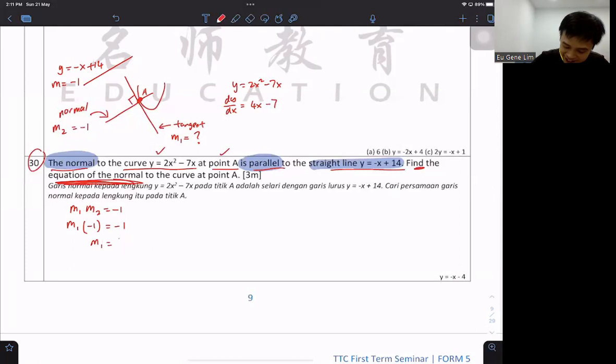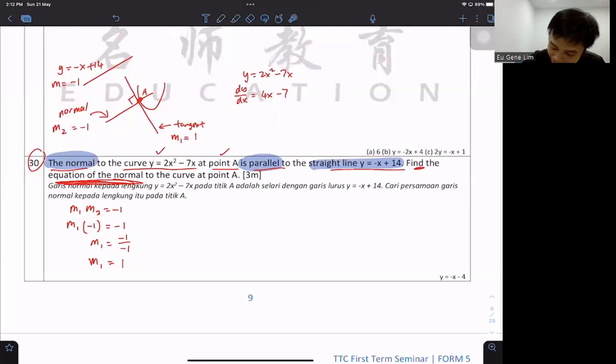So m1 is -1 over -1, which is 1. Press calculator. So m1 is actually 1. The tangent gradient is 1. So if the tangent gradient is 1, meaning dy dx is 1.